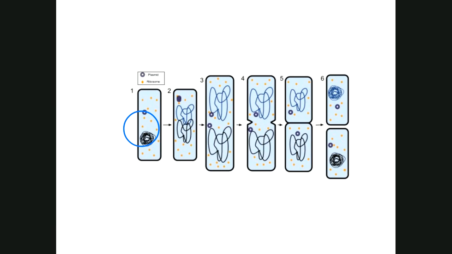Now you can see they have separated from each other, and the groove is formed at the center of the cell, and two new daughter cells have been formed in the end. The chromosome again becomes tangled and so much more complicated. So you can see how the DNA forms its own copies.